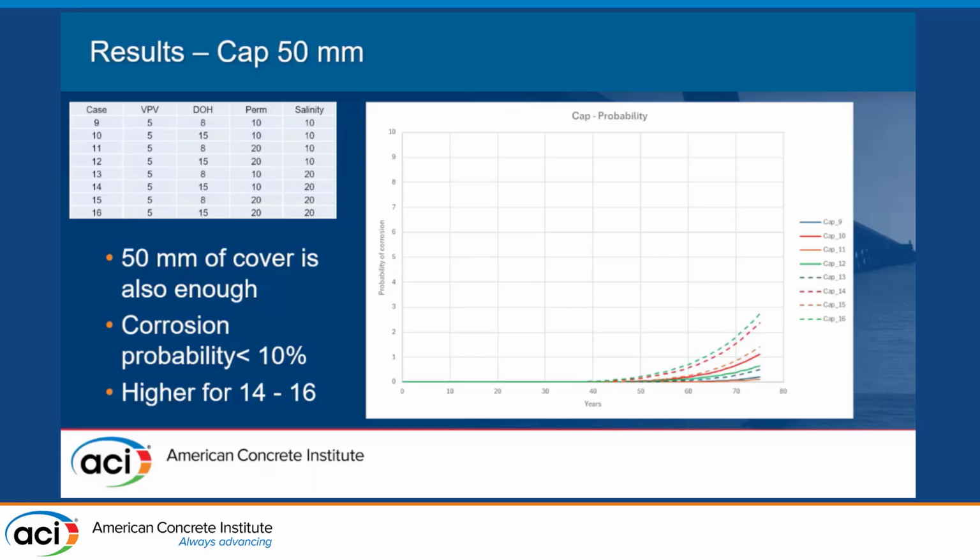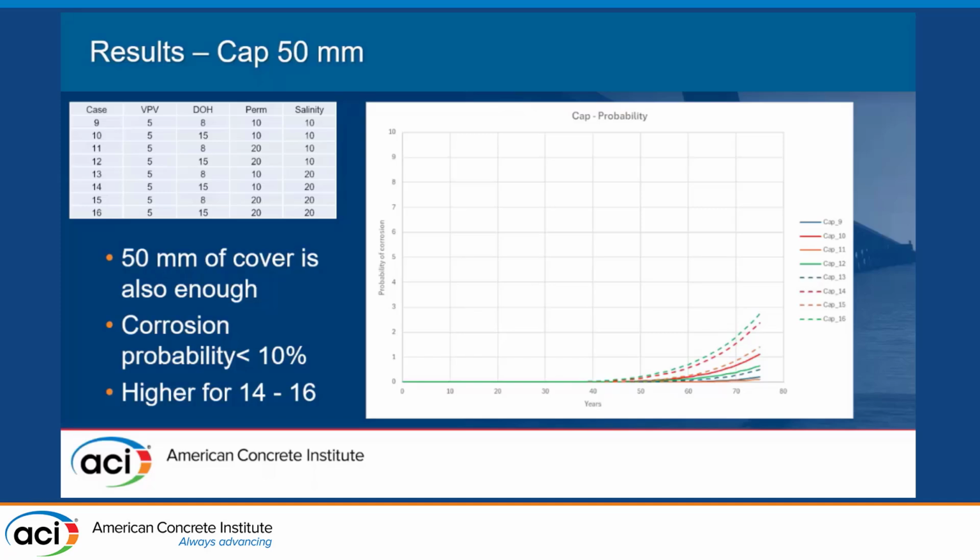But you see, in the range where we are now, yes, it's higher, but not much, and it doesn't affect the end result. And by the way, 50 millimeters is the minimum if I follow the codes, but I could use less than that based on those calculation results.